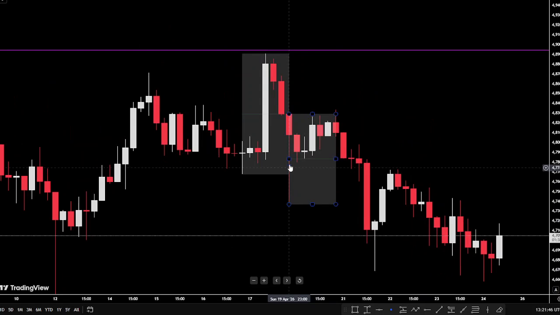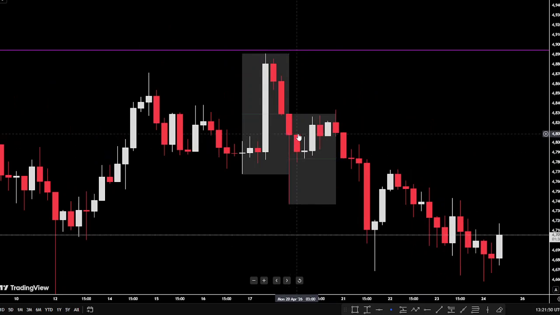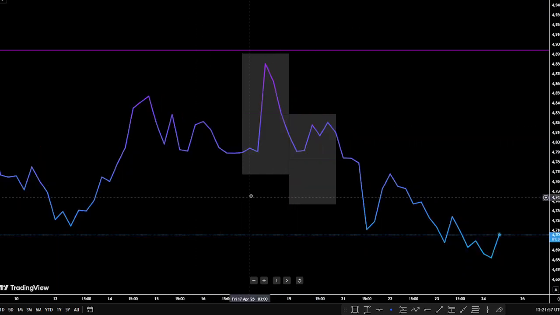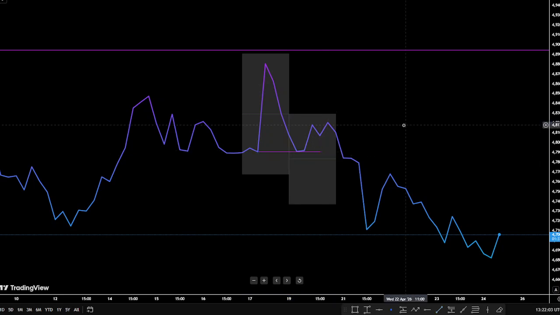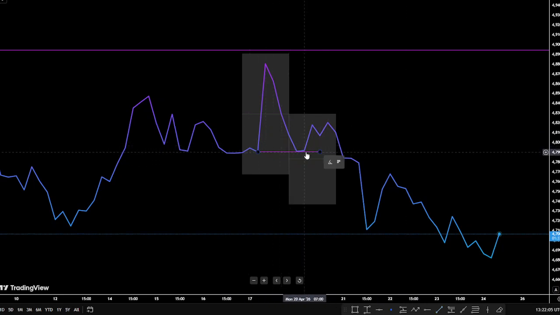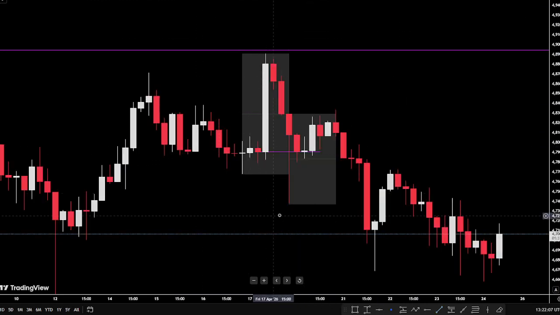So after this pullback that got to this point, see the next H4 candle. It opened here and got here. Now see the H4 breakout, you can see the level. So here, we hadn't achieved any breakout yet, right?